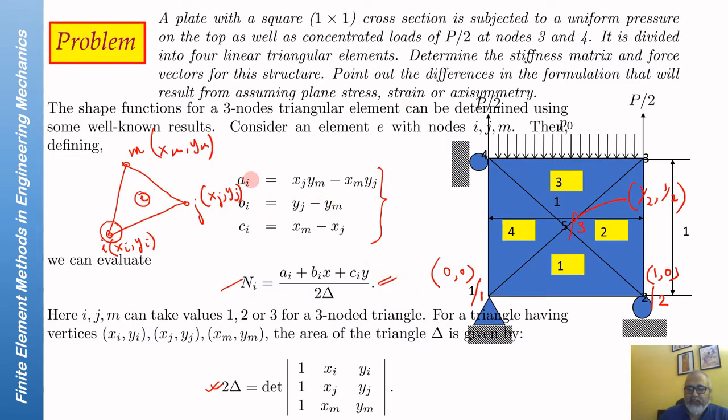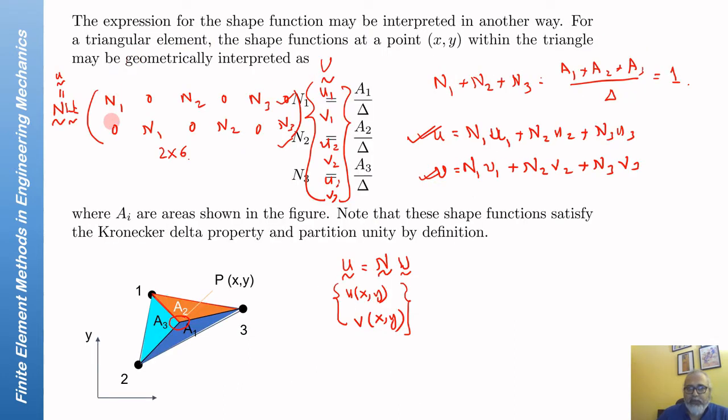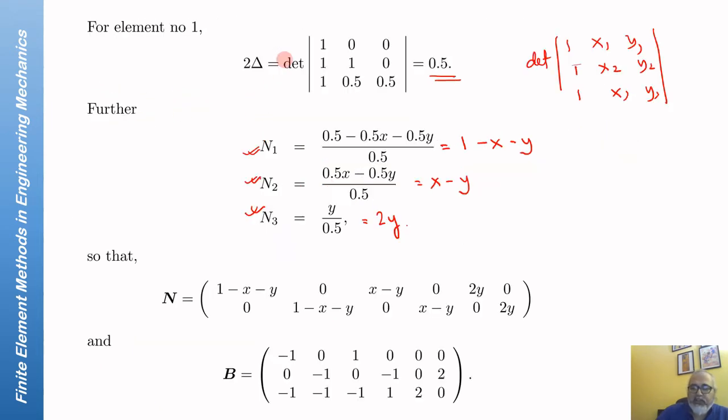First you calculate a1 b1 c1, a2 b2 c2, and a3 b3 c3 for the 3 nodes, and then put them in to get N1, N2, N3. If you simplify, this would become 1 minus x minus y, this would become x minus y, and this would become 2y. Now plug it back into the N matrix. So this is 1 minus x minus y, this is x minus y, this is 2y. This is the first row of the N matrix. In the second row, this is N1, this is N2, this is N3. This is your N matrix completely.